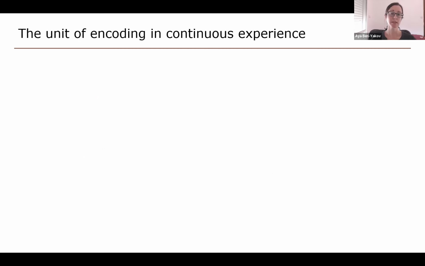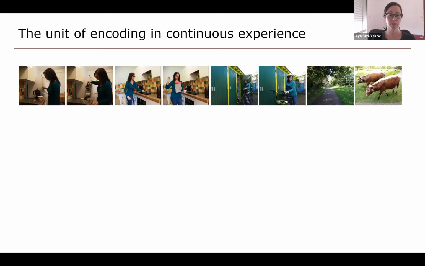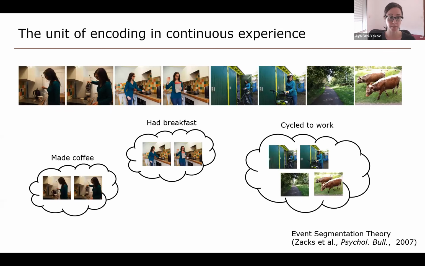But when we transition to continuous experience, that becomes much less clear. Let's say I think back to a morning during my postdoc in Cambridge. My experience was continuous. Yet we know that afterwards, if we look at the organization of memory for that experience in long-term memory, then it's organized in these chunks and these events.